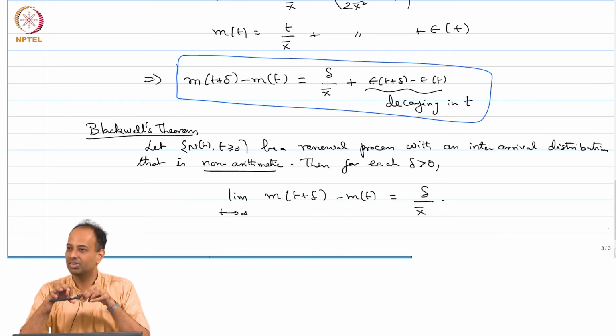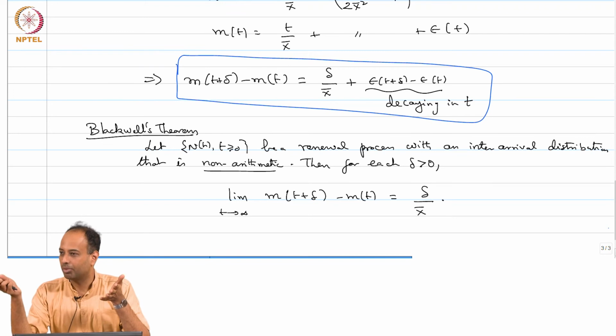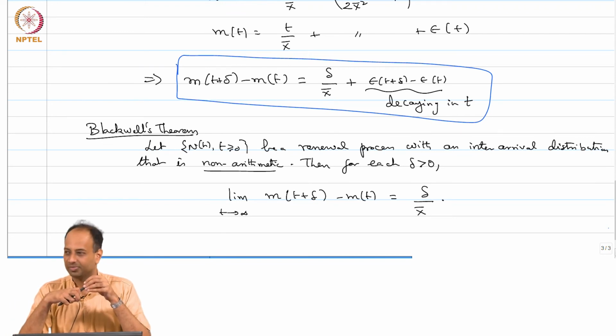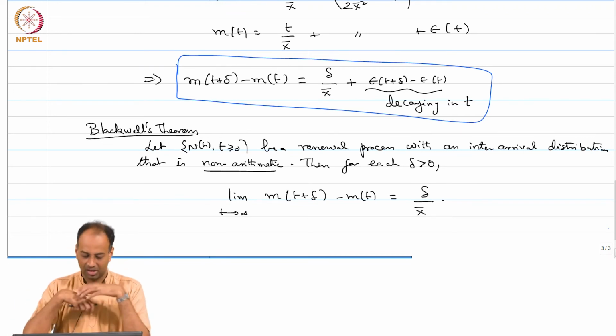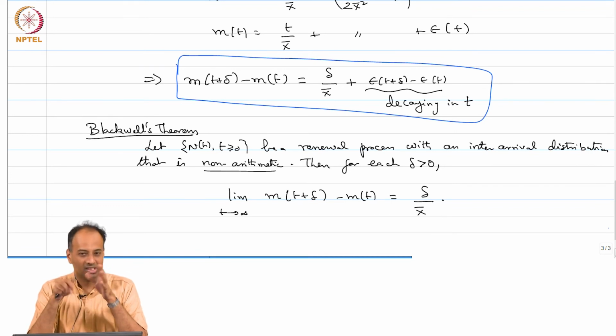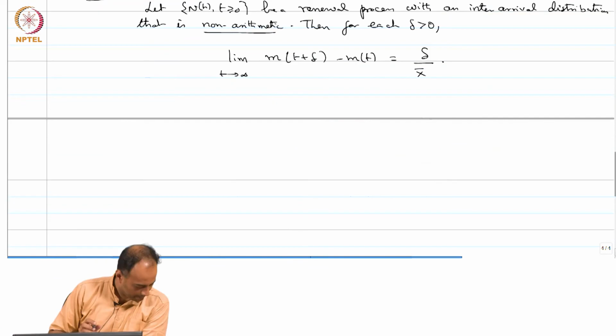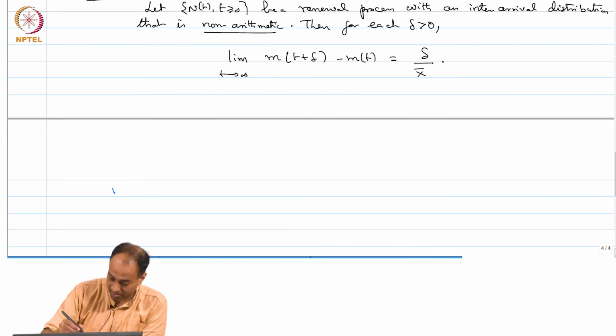So, renewals will happen at kappa or integer multiples of kappa. In that kind of situation Blackwell's theorem cannot hold, because what if this t plus delta does not have a multiple of kappa in it, correct.